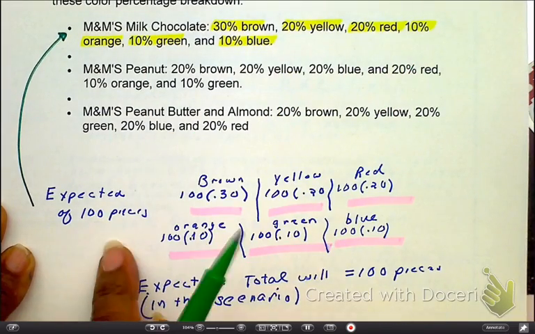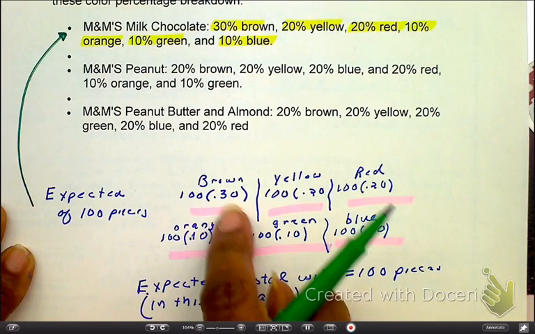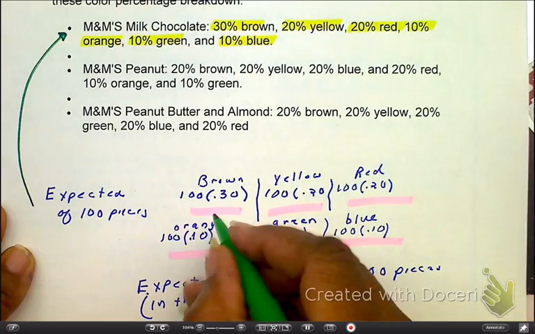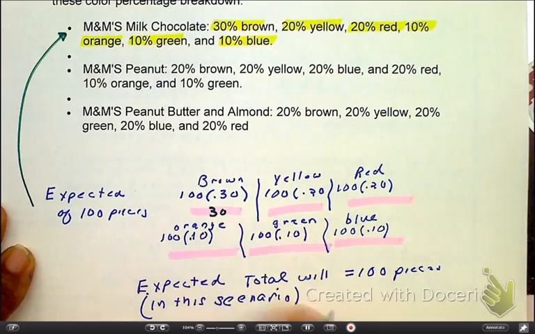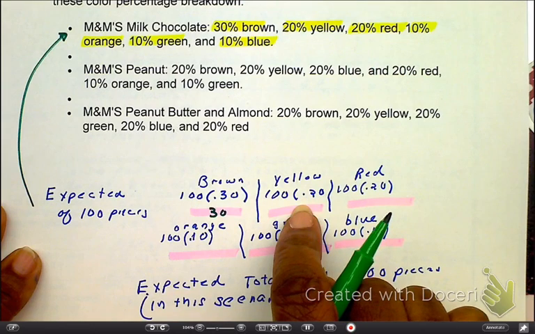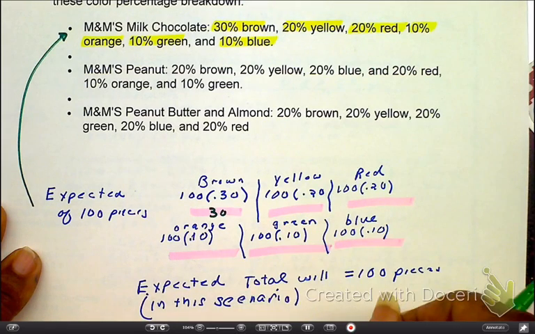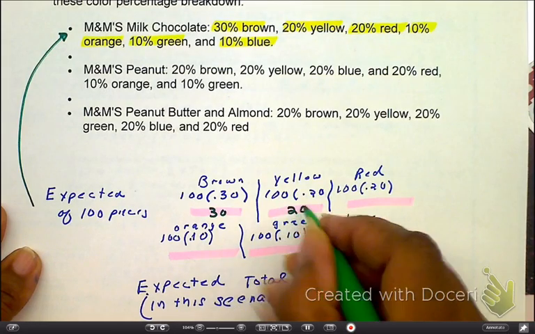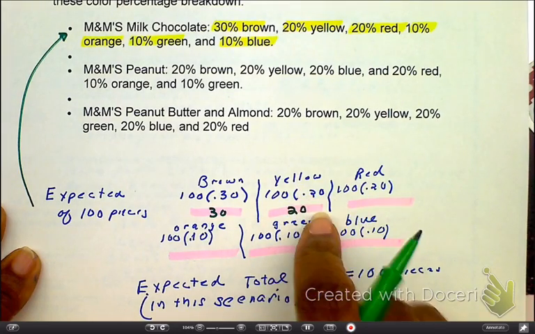So in that particular bag, I am expecting, out of the 100, 30% to be brown. So I'm expecting 30 of them to be brown. And 20% to be yellow, so 100 times 0.2 is 20.